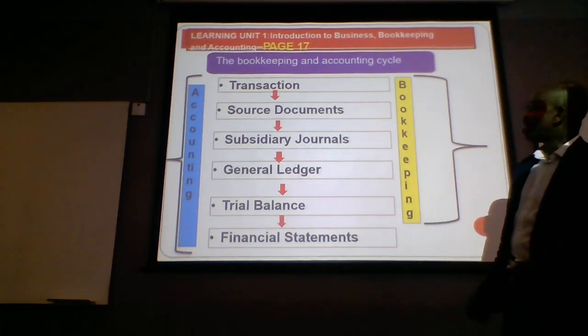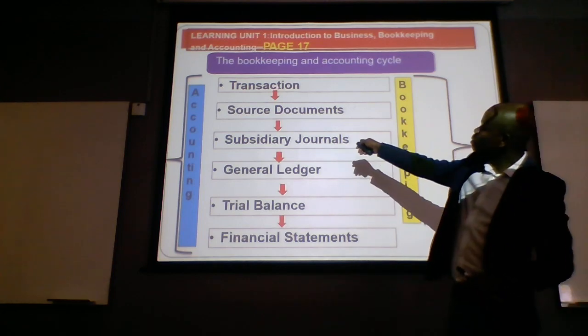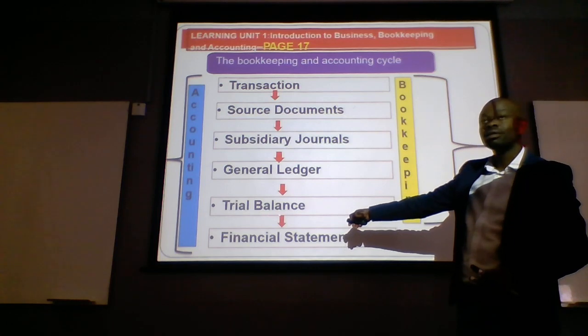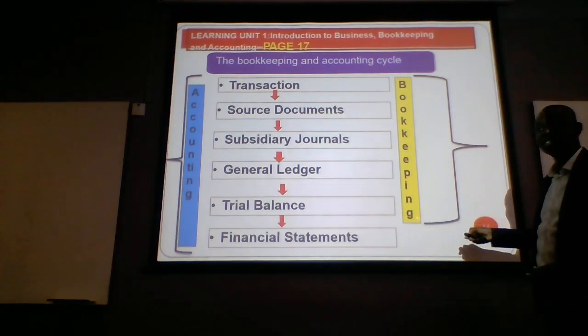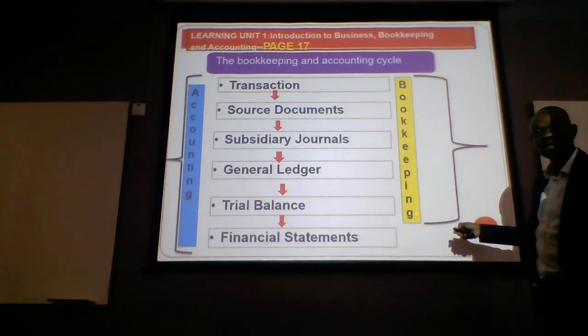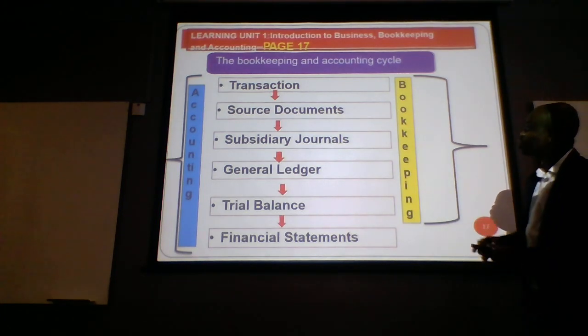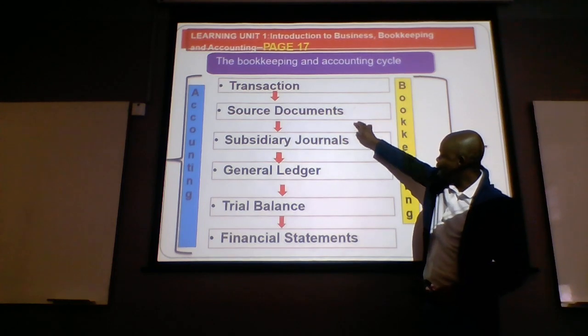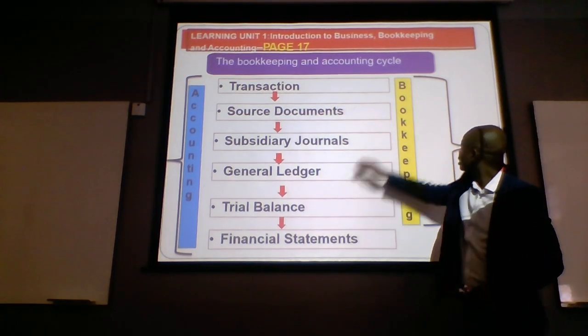Okay. Now, if you take this process from transaction to trial balance, this process is called what? Bookkeeping. Can you see that? So you take it from here, transaction, up to trial balance.